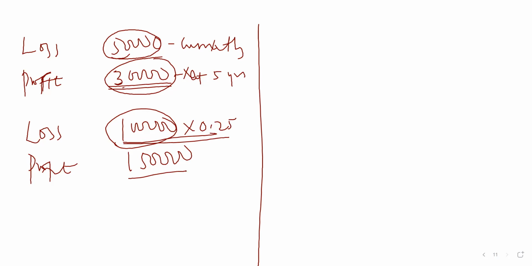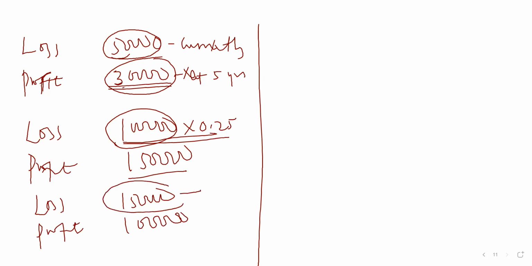But if you have a loss of 150,000, and the company is saying that they can only make a profit of 100,000, are we going to make the provision on all the 150,000?